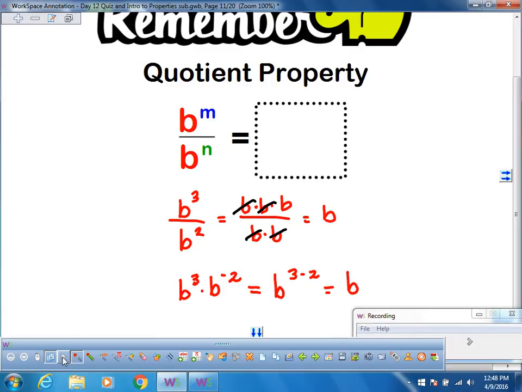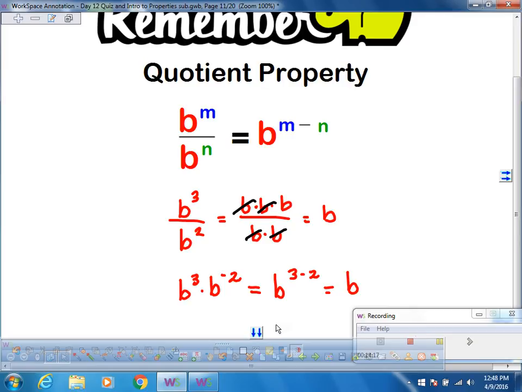Let's look at what that looks like with this quotient property. So it's saying that b to the m minus n comes from when I have a quotient. The numerator is always the first one, and the denominator is always the one that gets the negative sign.